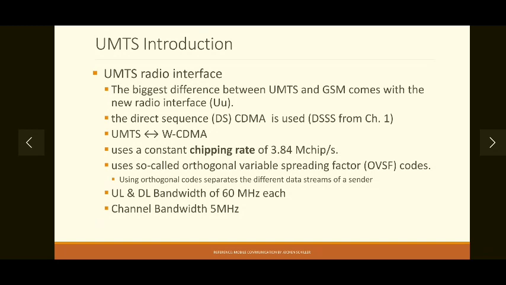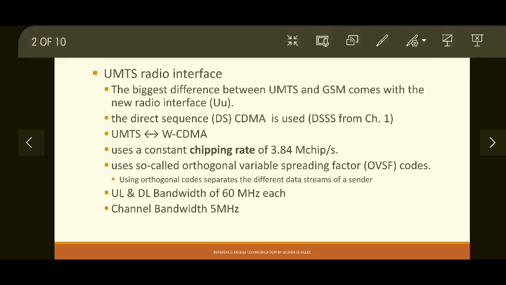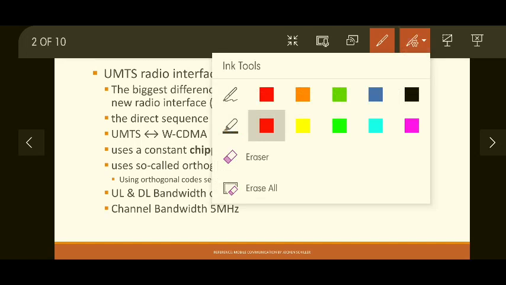So user bandwidth is getting increased, whereas required transmission power gets decreased, and that helps in avoiding frequency selective fading. Since signals in the UMTS are of wideband in nature and are using CDMA technology, UMTS is also known as wideband CDMA. So UMTS alternate name is wideband CDMA.